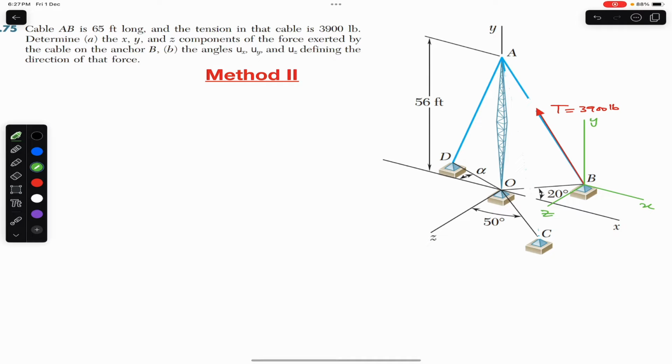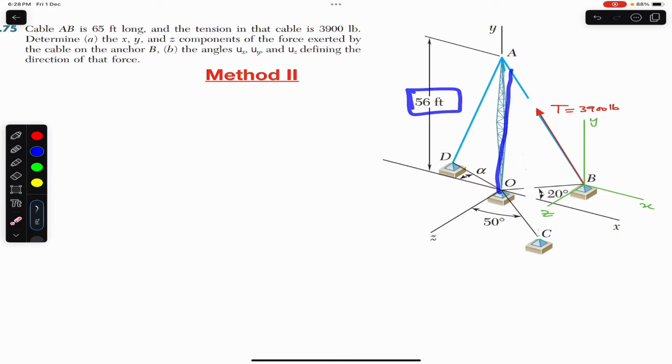So this is our positive x, this is positive z, and this is positive y. Now we are given that this OB is making 20 degrees with the positive x-axis, the length of this cable AB is 65 feet, and the height of the pole is 56 feet.